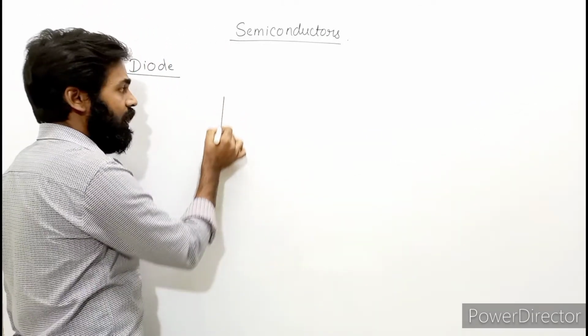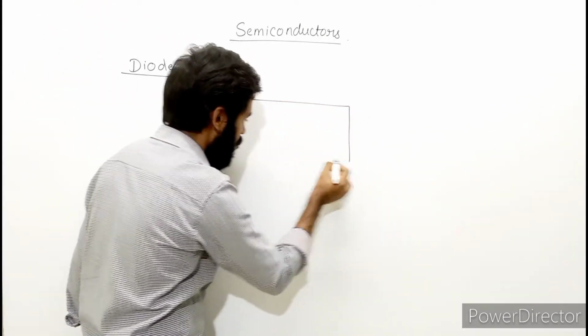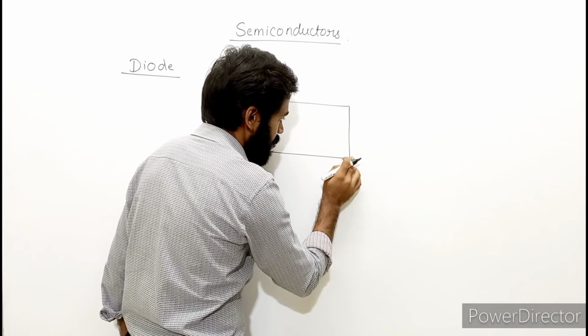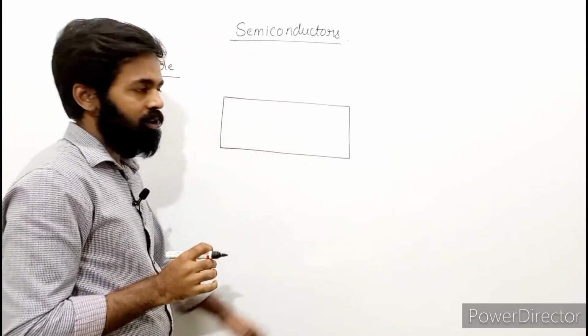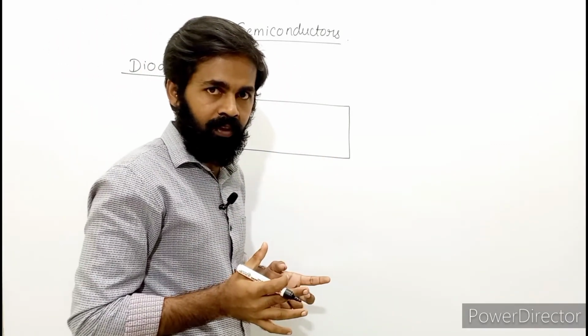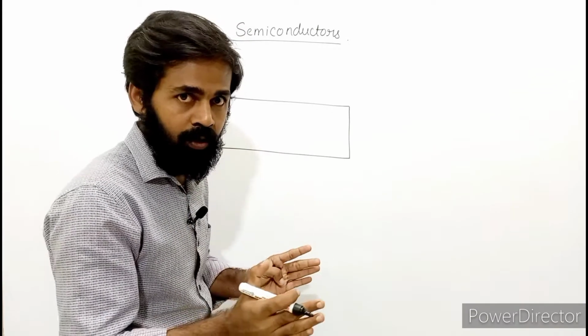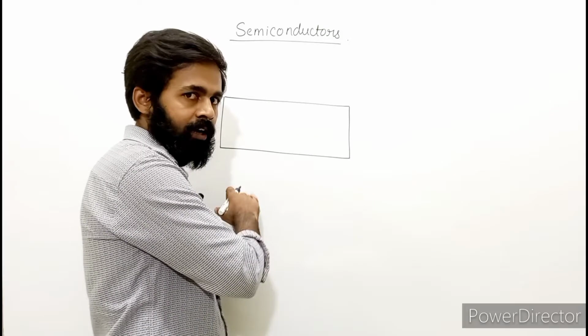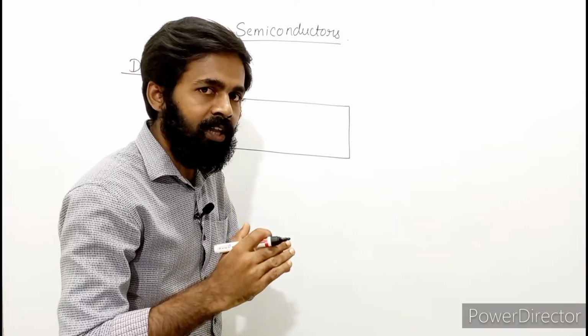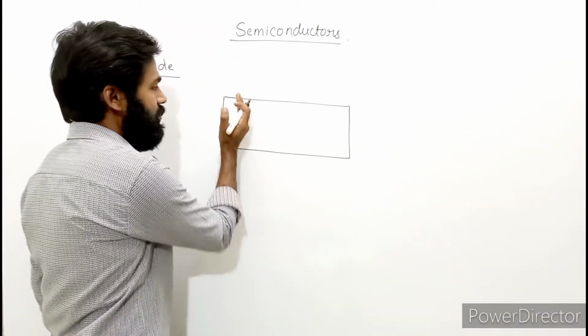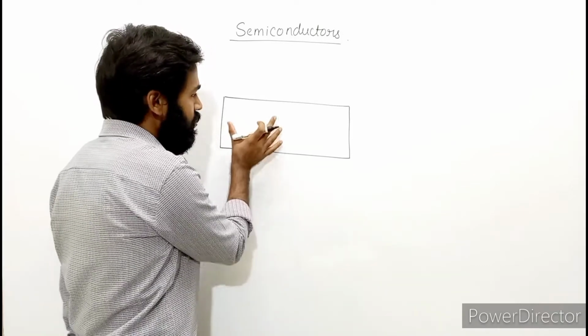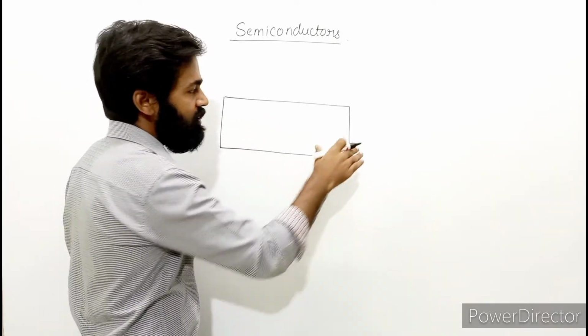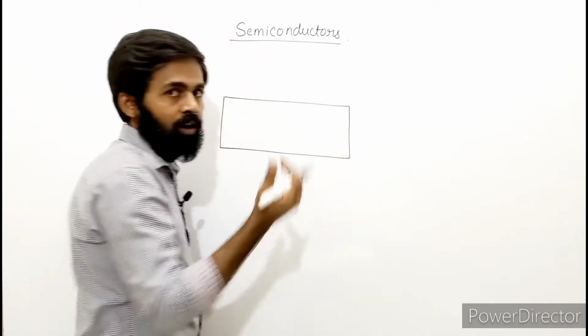Okay, now let's do one thing. Consider a silicon, pure silicon. For this pure silicon, if I dope pentavalent materials on one side and trivalent materials on another side, let's say towards left side, I dope with pentavalent, towards right side I dope with what?